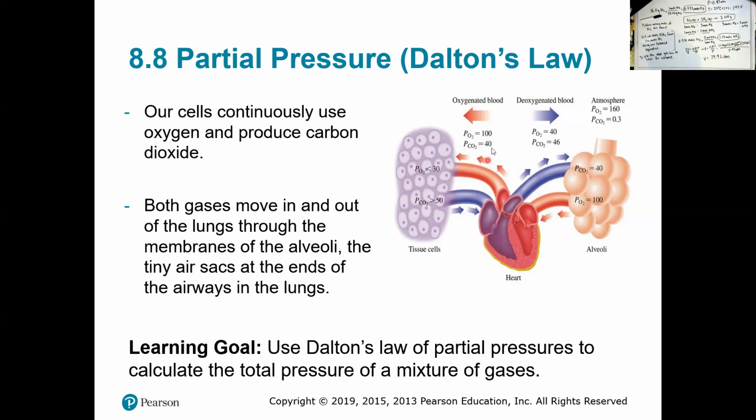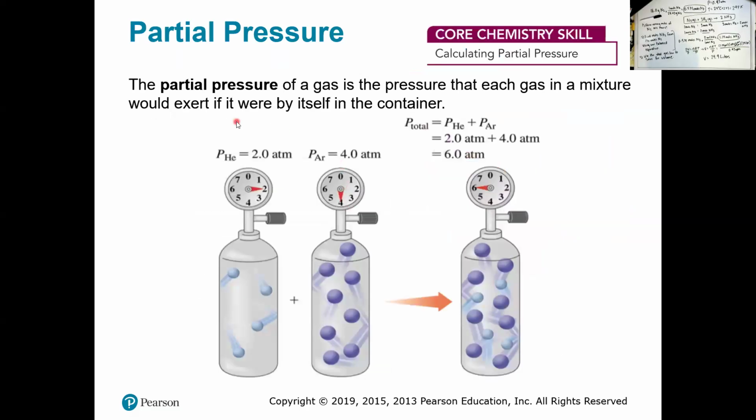Both of those gases contribute to the overall pressure, but at some points, the pressure of the oxygen is going to be greater than the carbon dioxide, and in other parts, the carbon dioxide is going to be greater than the oxygen. That back and forth is how the oxygen moves through your body. But we're going to look at a few different types of gas mixtures and see how they work.